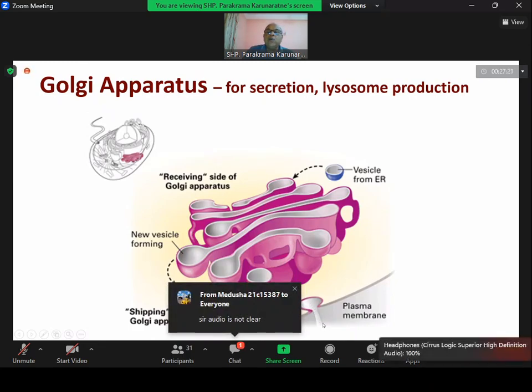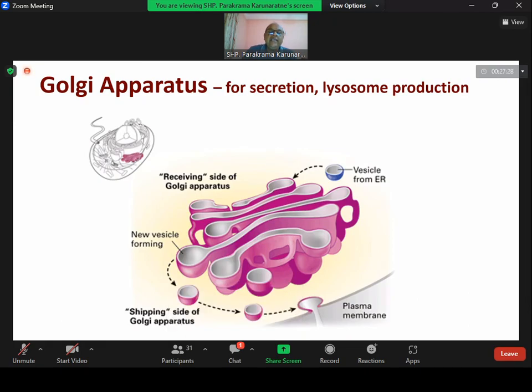Outside, these proteins are collected. For example, all the enzymes are proteins. When we eat something, we secrete saliva, meaning saliva comes into the mouth. The proteins in this saliva are produced by ribosomes. Ribosomes send those proteins to the Golgi bodies through the endoplasmic reticulum, and Golgi bodies send them outside the cell.